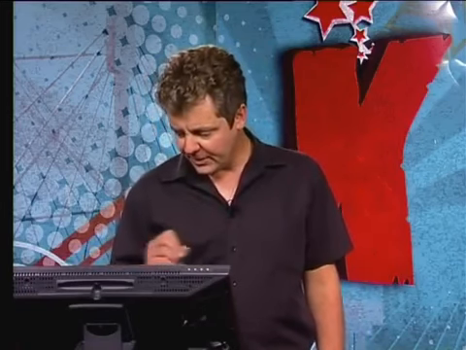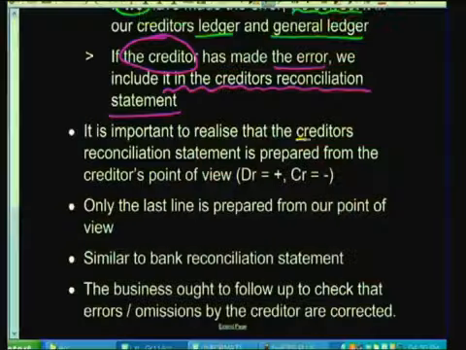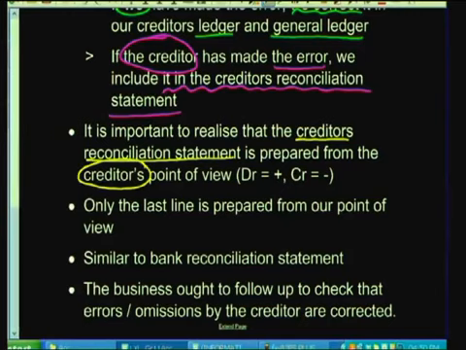I'm sure that you've understood that important concept, and a very, very important thing to remember is that the creditor's reconciliation statement, just like the bank reconciliation statement, is prepared from the creditor's point of view. You know that with bank reconciliation, on the bank statement, credits are positive and debits are negative.